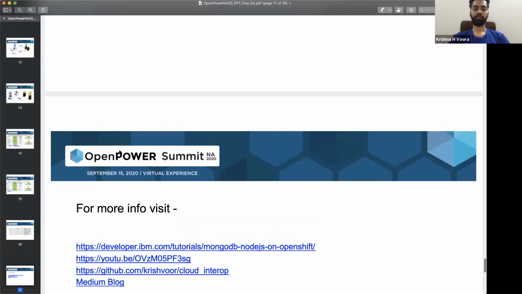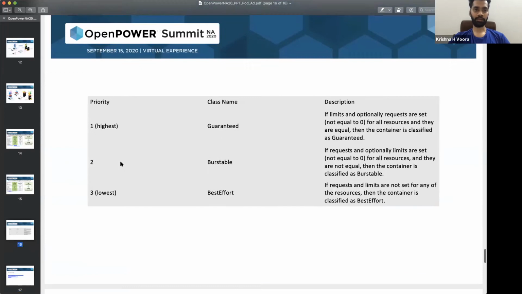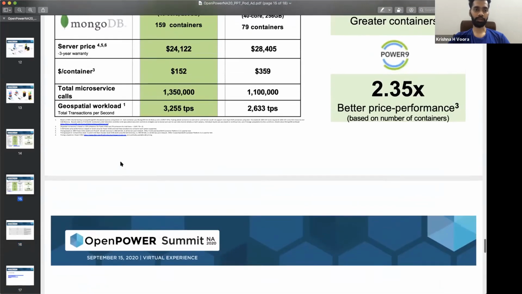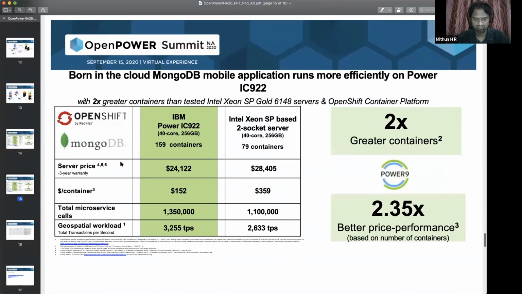That's correct. So I'll just switch back to the particular comparison. Let me answer your question. Skylake 20 cores is enabled with SMT. SMT is a concept associated with Power systems only.